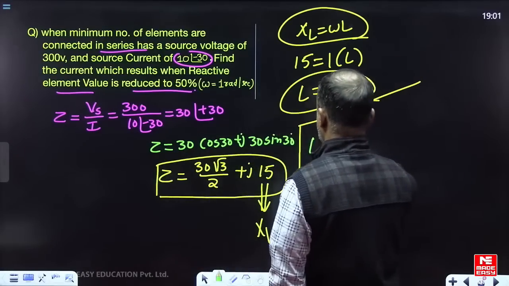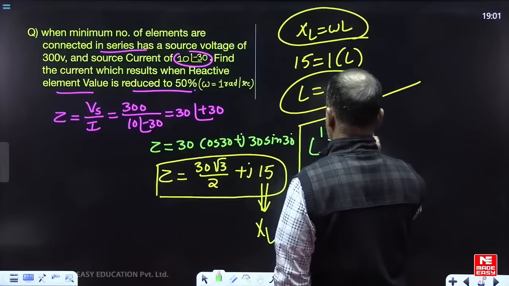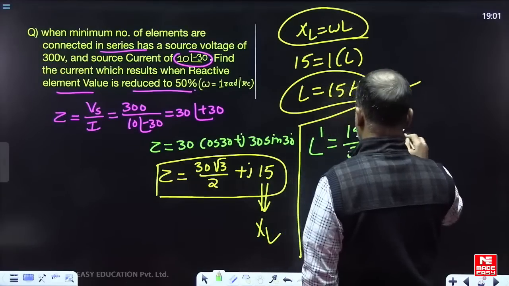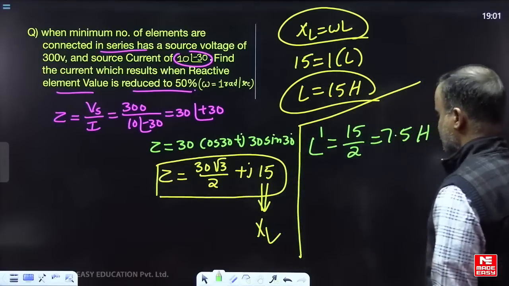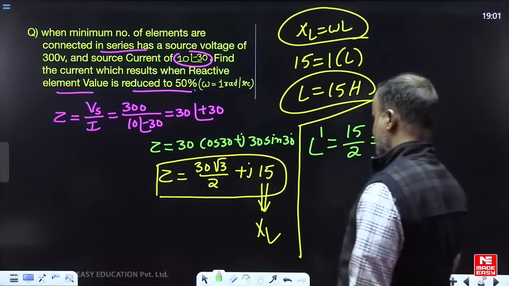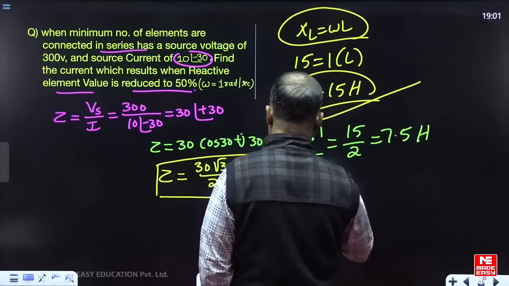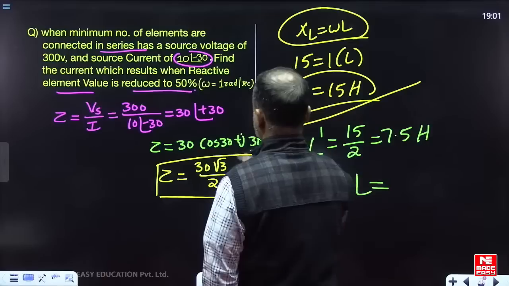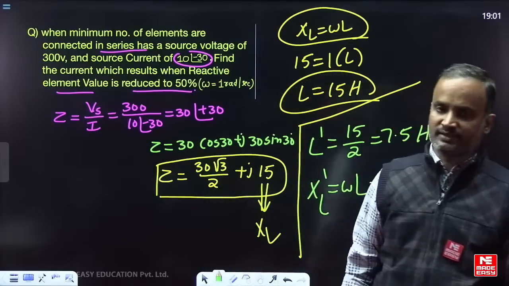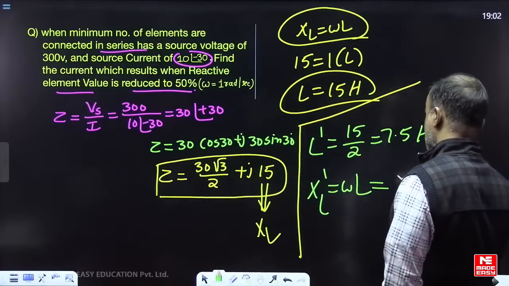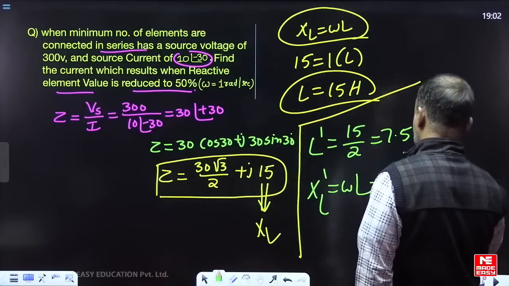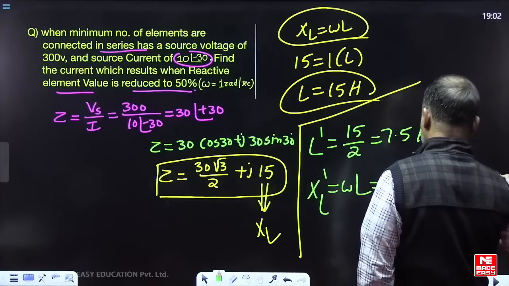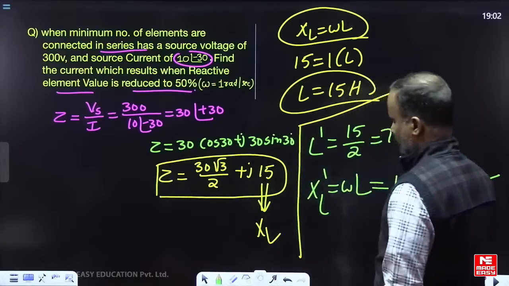That means the new inductance can be written as 7.5 Henry. Now from this one, can you find the new reactance value XL dash? The question itself mentions omega is 1. That means 7.5 ohms.